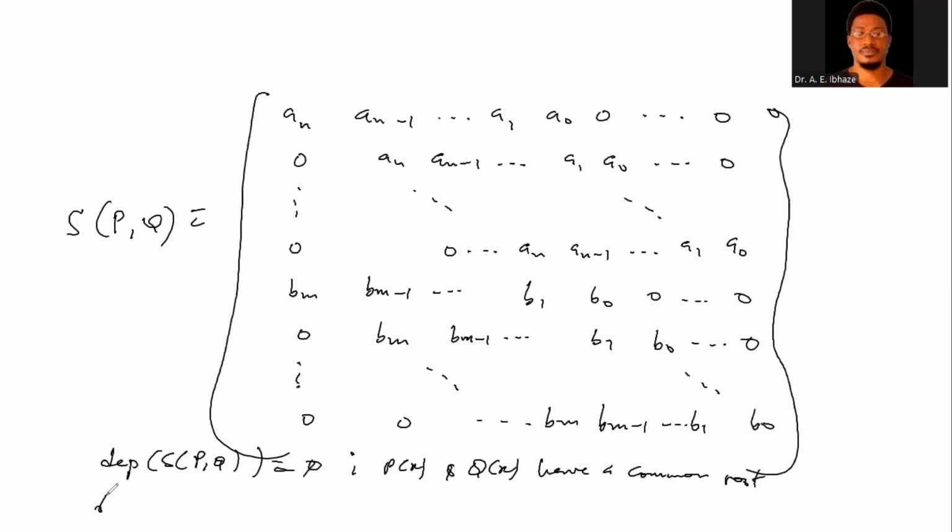And what if the determinant of S_PQ is not the same as 0? Then it means P(x) and Q(x) have no common root.